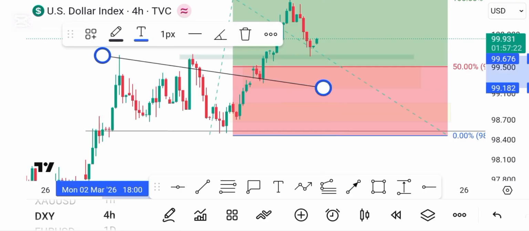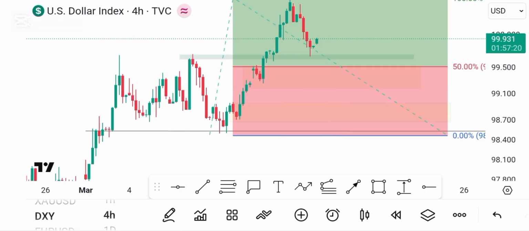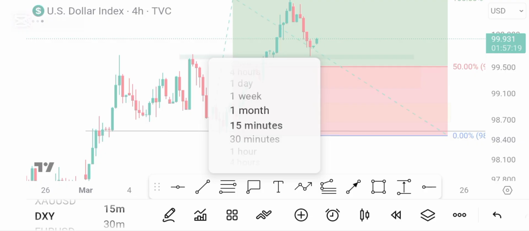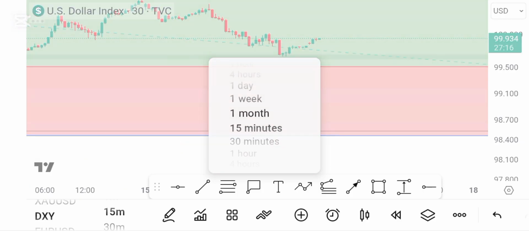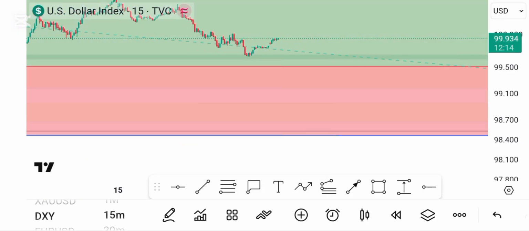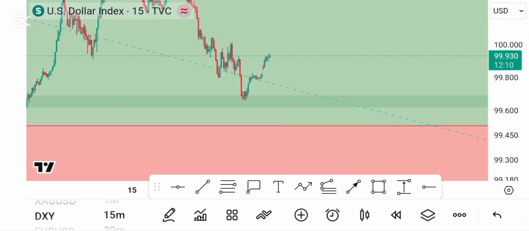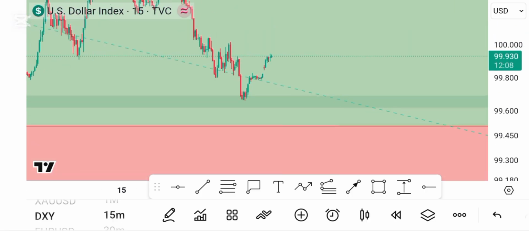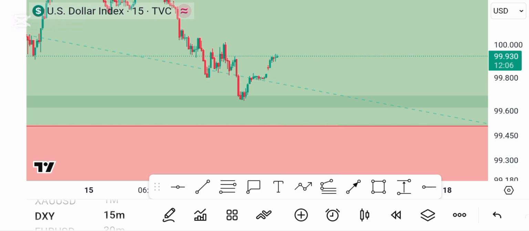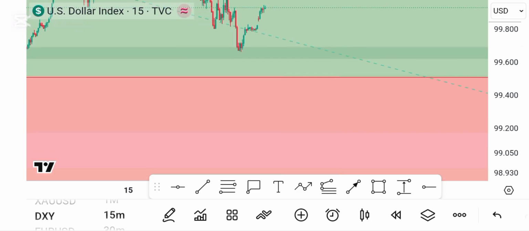So let's tune down to the 15 minutes time frame. We're still resting on the 4 hours time frame, and the 15 minutes time frame is our execution time frame. Now the anticipation is that price is coming down into the discount level.